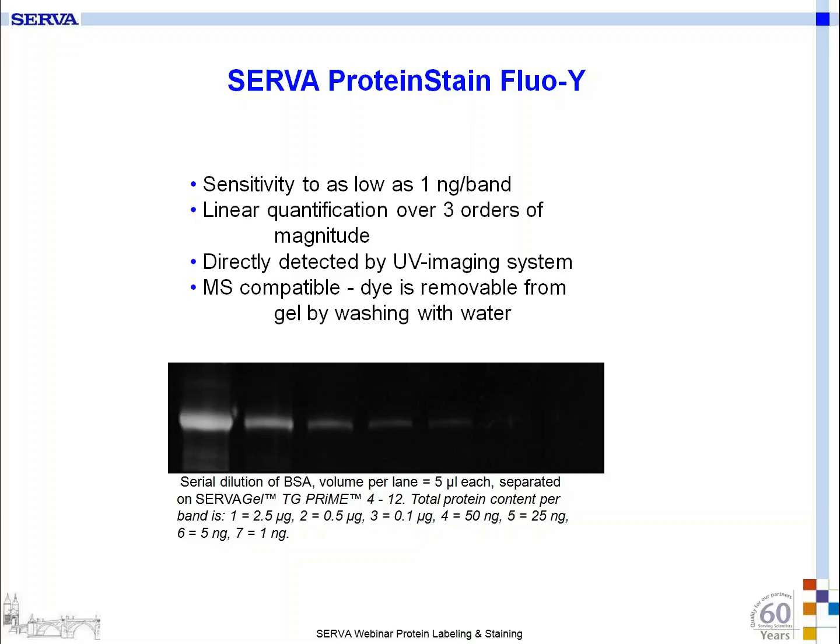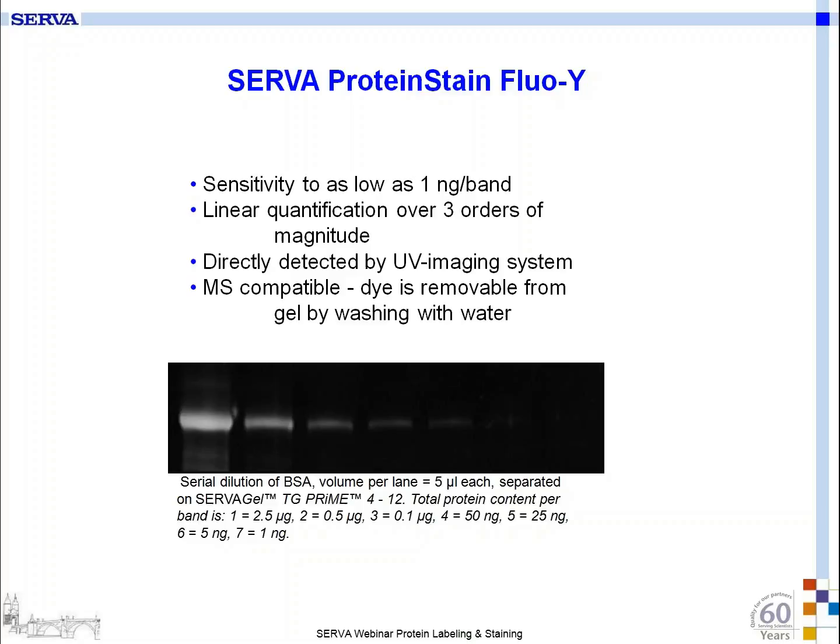So this could be of advantage if you already have an imager in the lab that is used for, let's say, DNA, RNA detection. For example, with ethidium bromide, you can use this staining, and it is mass spec compatible, and the dye is, that is a big advantage, removable from the gel by washing with water.